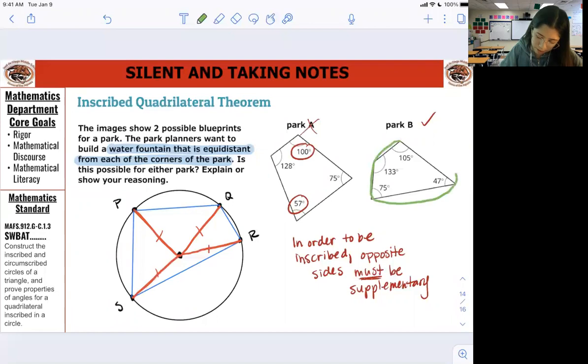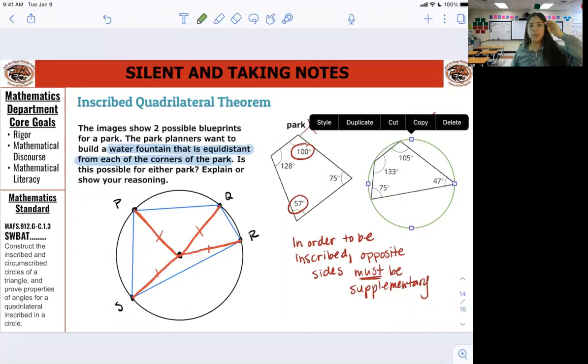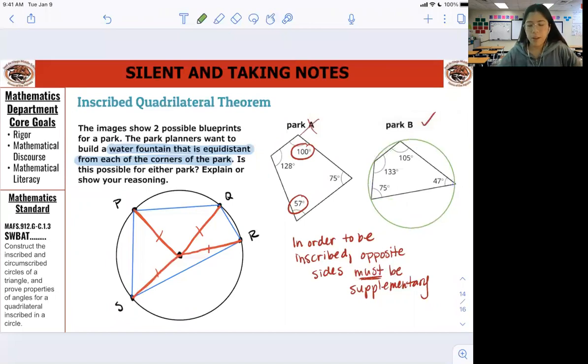Obviously, this is not a good circle, so let me draw an okay circle. There we go. Can we get it to fit? Yes, we can. So it's only going to fit inside of a circle if the opposite angles are supplementary. There's no other way to make it work. Any questions on this one?